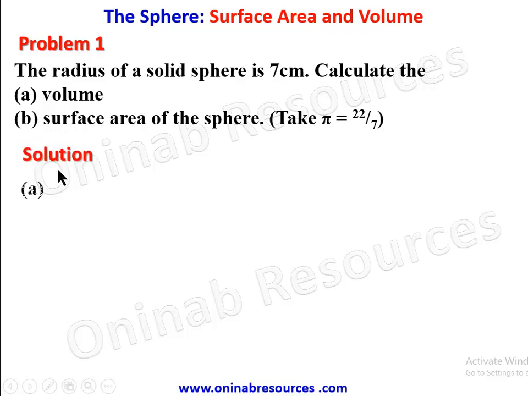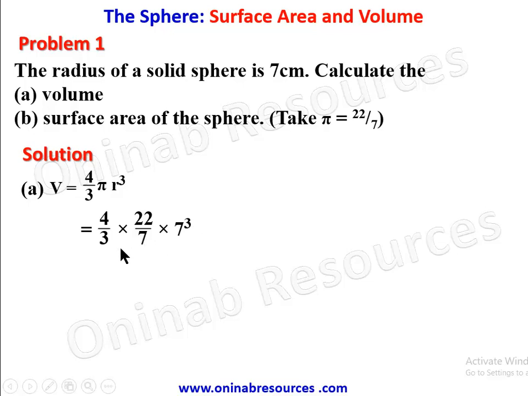In the solution to this problem, the volume V is equal to 4 over 3 pi r cubed, substituting in the value of pi and r. Here our radius is 7 centimeters. Pi is to be taken as 22 over 7. So we have the volume to be 4 over 3 times 22 over 7 times 7 cubed.